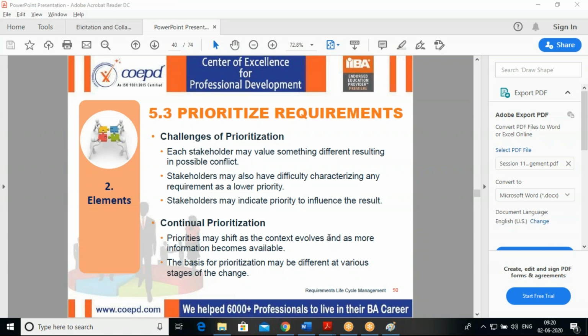So here, the major challenge would be understanding the dependencies. Okay, let me put my inputs here. Challenges in prioritization: the focus area of an accounts officer would be that he wants that report to be generated first.